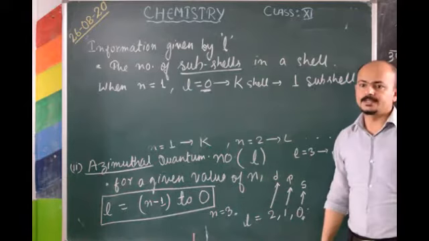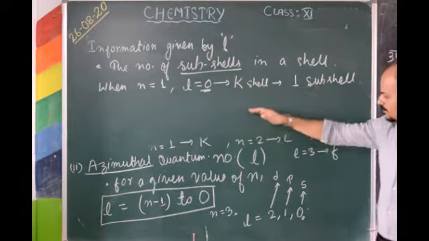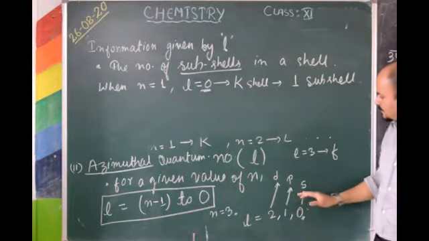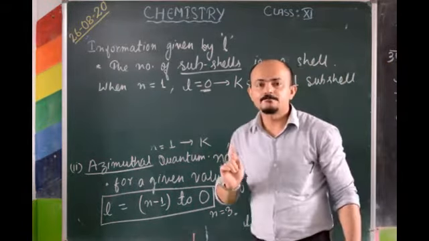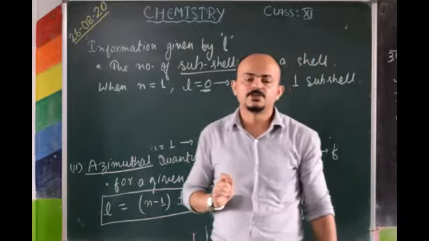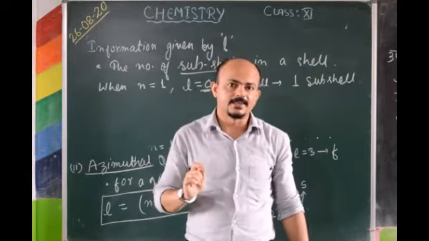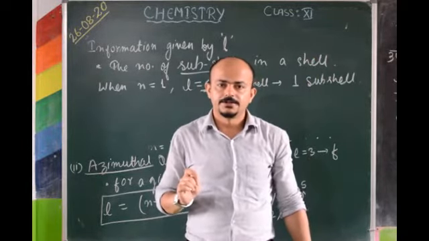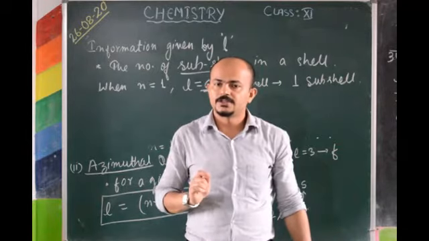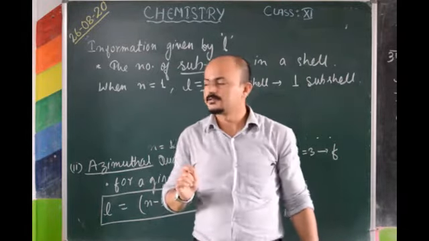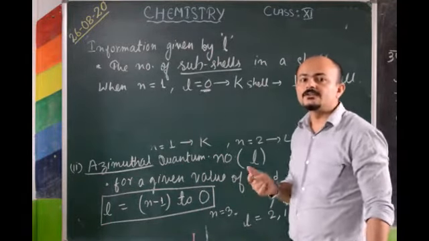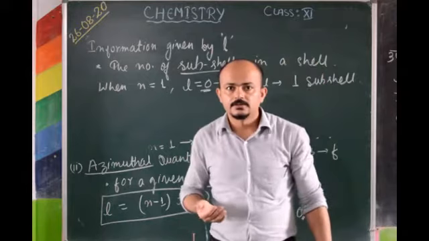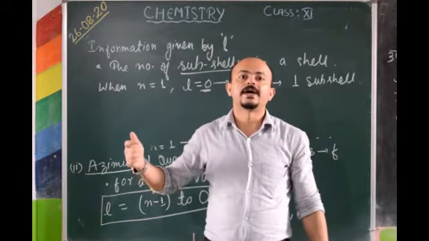Now, let's move on to this part here. S, P, D, and F. Now, whenever you have the same principal quantum number n, what you have to know is, the higher the value of L, the more energy it will have.